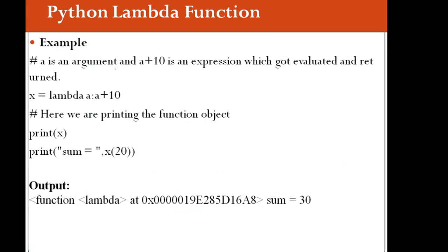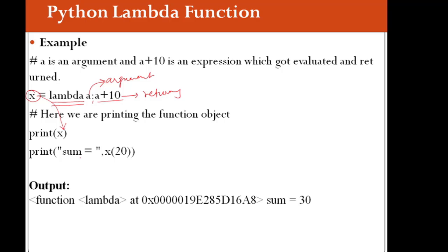So let's see the example. Here you can see lambda you have used, then a colon, a plus 1. This is your argument that you are passing, and here is what it is returning. So how to call it? You are calling x. So you are printing x.